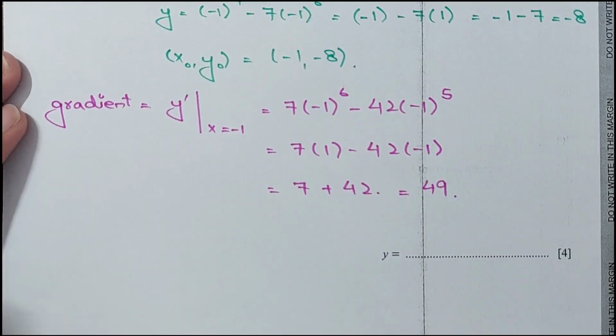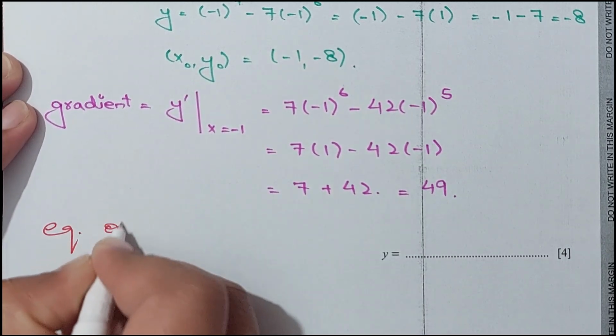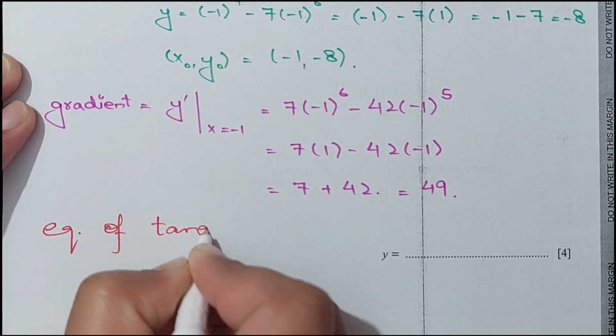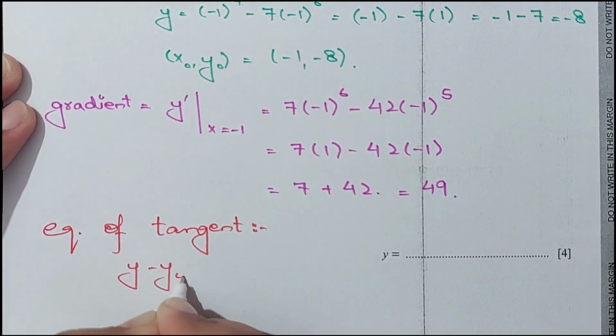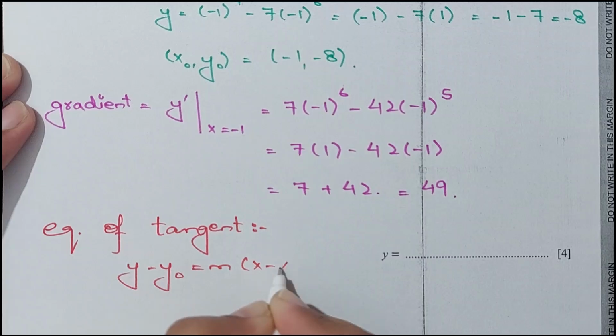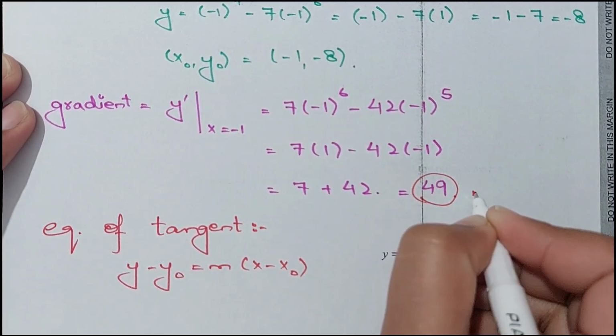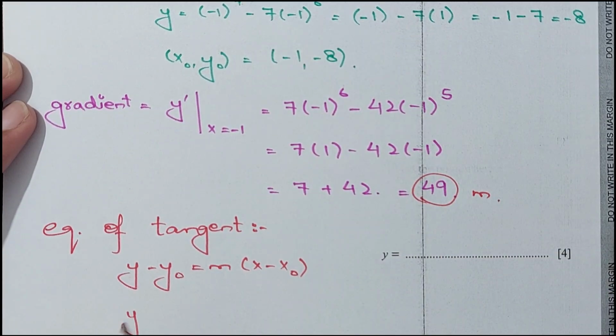Now let me write down the equation of the tangent. y minus y naught equals m into x minus x naught. This is my m now. y minus y naught is -8, m is 49, x minus x naught is -1.